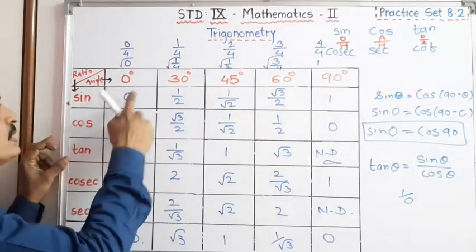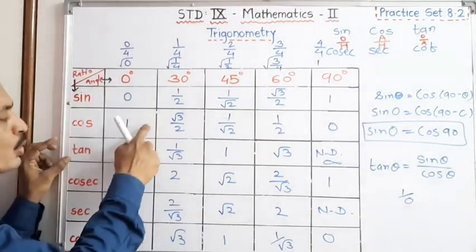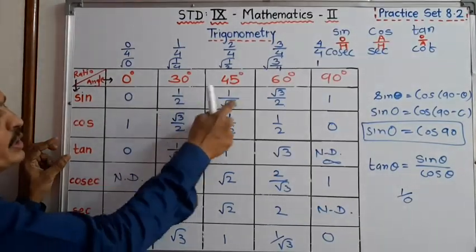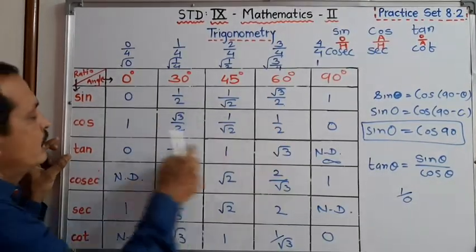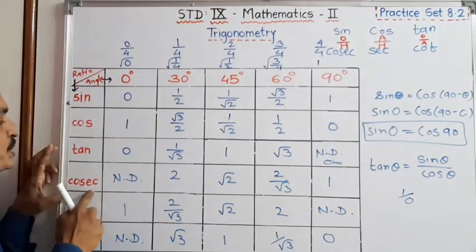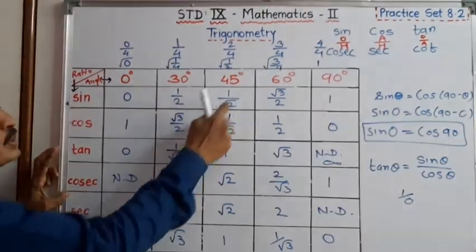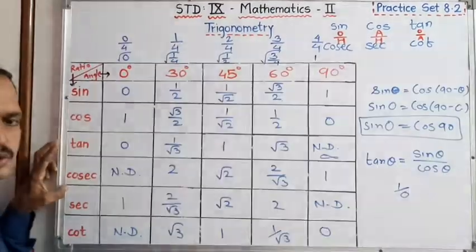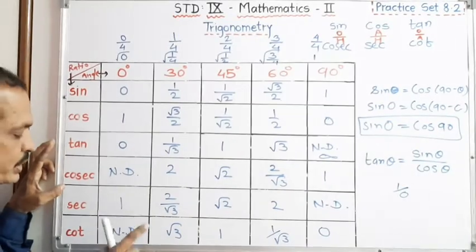Then tan means the sine upon cos. Sine theta upon cos theta is equal to tan theta. Make the inverse. That means this denominator gets cancelled. We will get the values of tan. Got it? Then cosec means the inverse of sine. 1 upon 2 it is 2, 1 upon root 2 it is root 2, root 3 upon 2 means 2 upon root 3. Like this we can complete it.